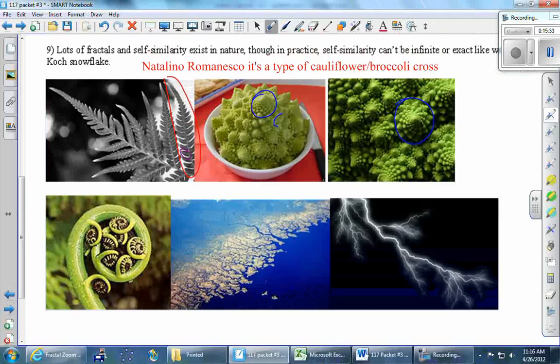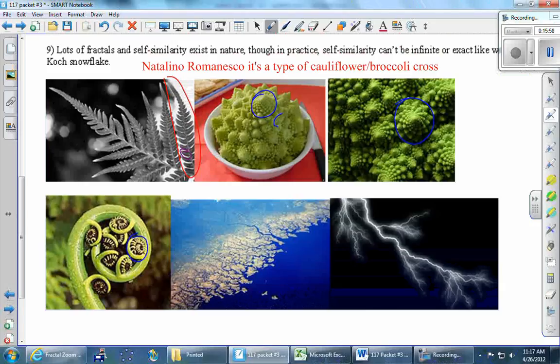Okay, down here, anybody know that picture on the bottom left? That is a fiddlehead fern, another vegetable. If you zoom in on part of the fiddlehead fern, what does that look like? A fiddlehead fern. How about the next one? I don't know if that's a coastline or a frozen thing, like in the Arctic. But if you zoom in on that, what will it look like?